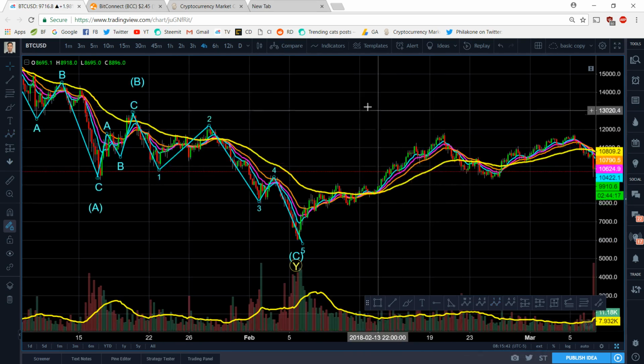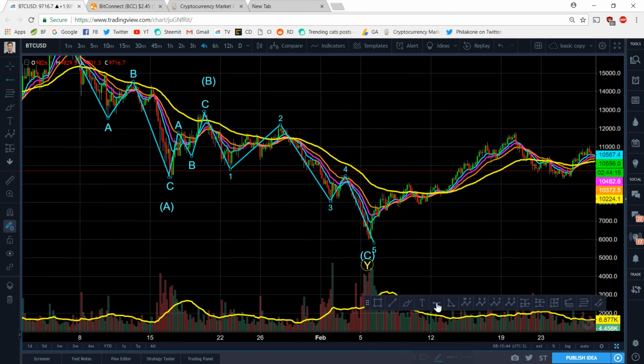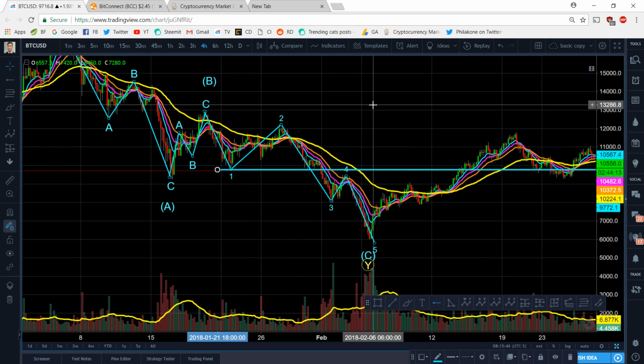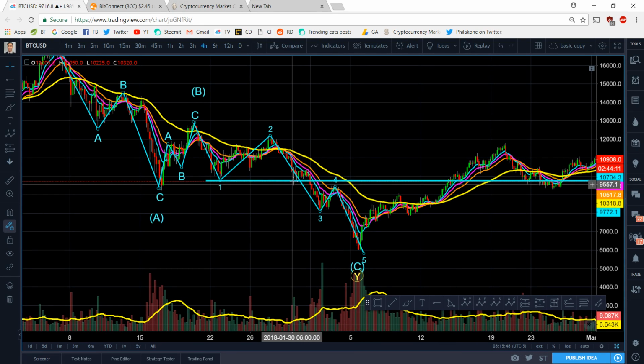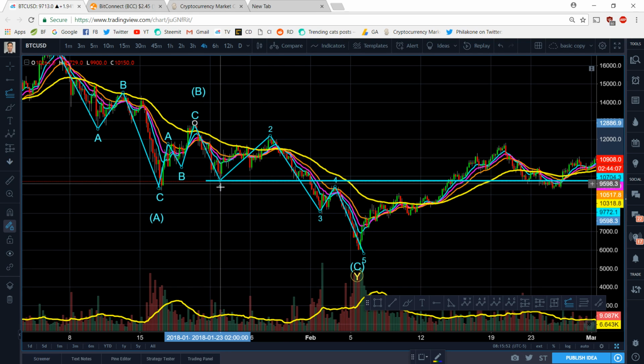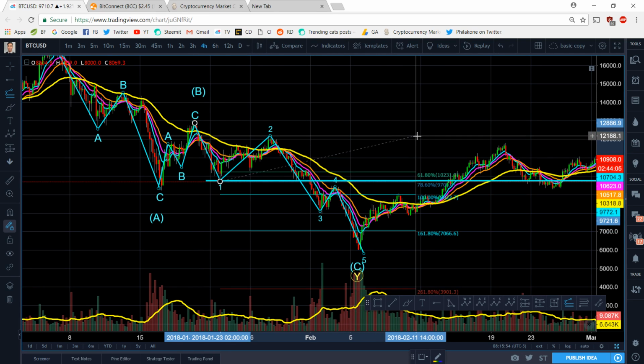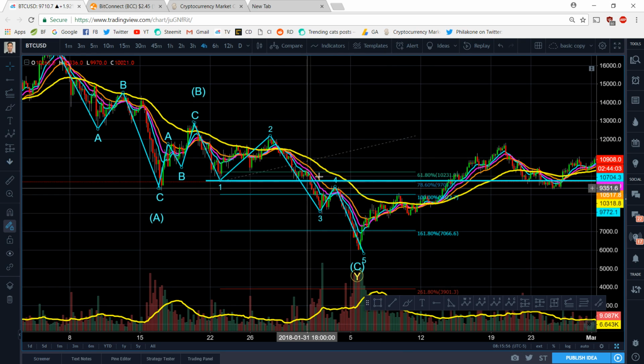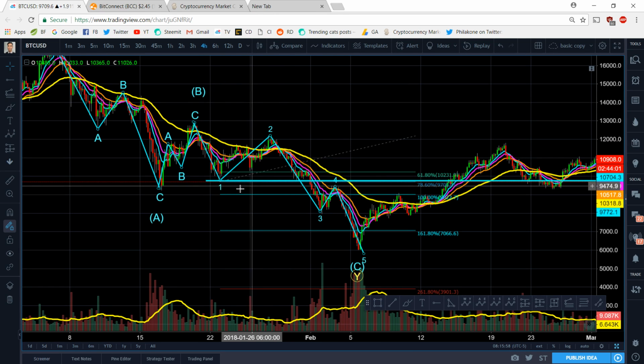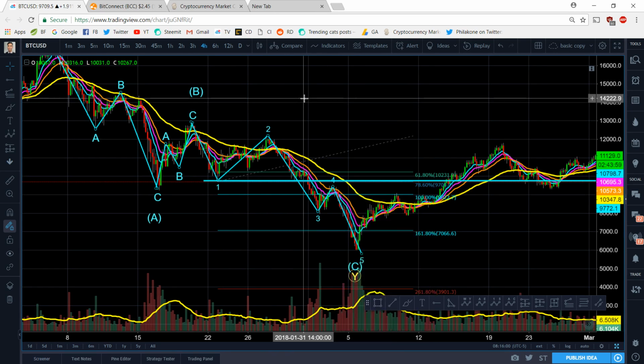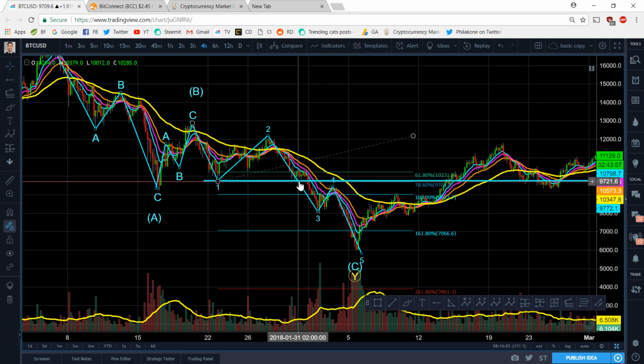So let's say that we saw just this wave 1 and 2 coming down. I would draw my resistance right here, right? And I would probably end up shorting it when it hit this specific point, using a Fibonacci number of targeting 1-to-1 or most likely 161.8. So when it broke past this wave 1 resistance right here, or support rather, I think a lot of people ended up shorting it.